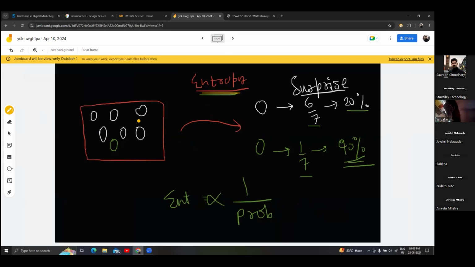Yes or no? Will you be surprised if that ball is white if I pull out one ball?